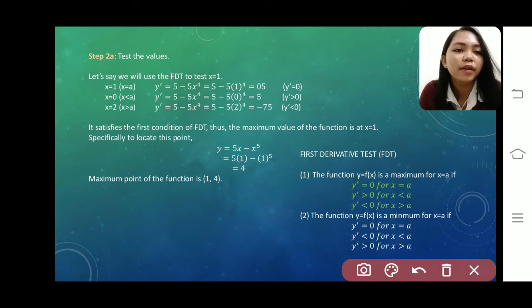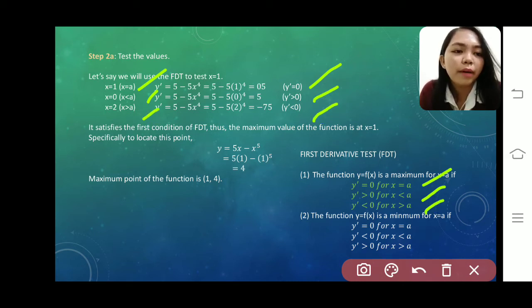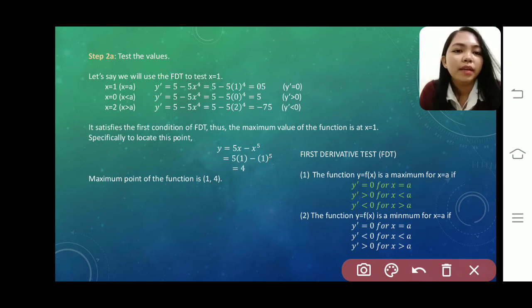So, therefore, kasi 'di ba for x equals a, y prime is equal to 0. So for x less than a, 'di ba ito 'yon, dapat daw y prime is greater than 0. So tama naman. And then for the third condition, x greater than a, dapat y prime is less than 0. So it satisfies the first condition. Thus the maximum value of the function is at x equals 1.